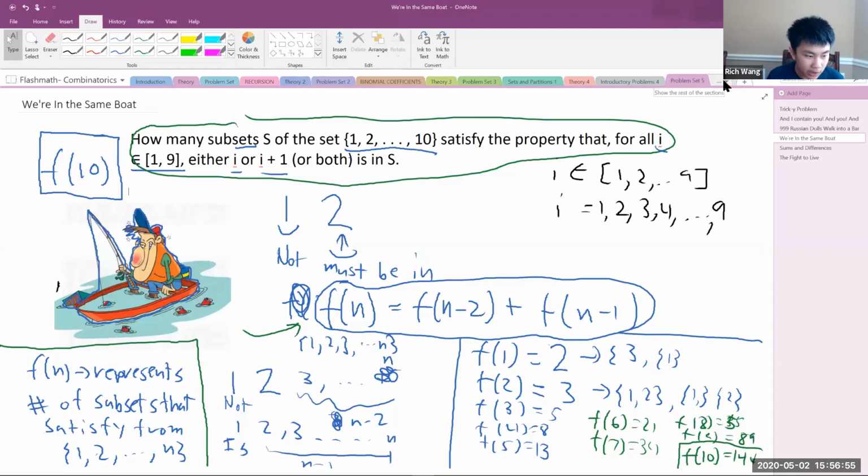So yeah. Why is the null set in f of 1? Oh, okay. The reason the null set is in f of 1 is because it still satisfies the condition. When n is equal to 10, we want this property to hold for all i from 1 to 9.